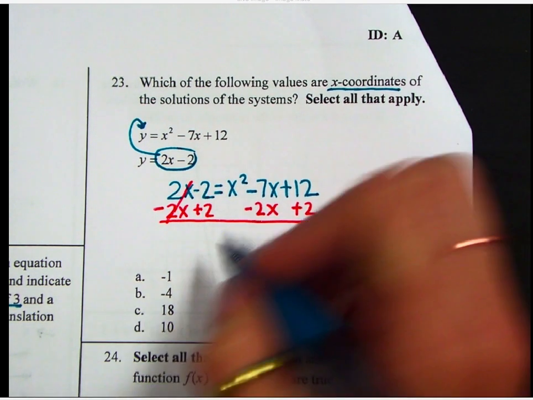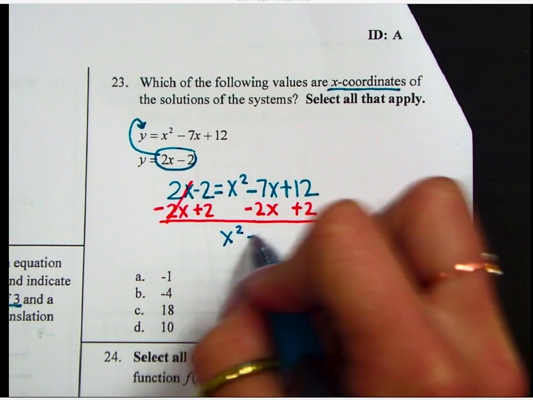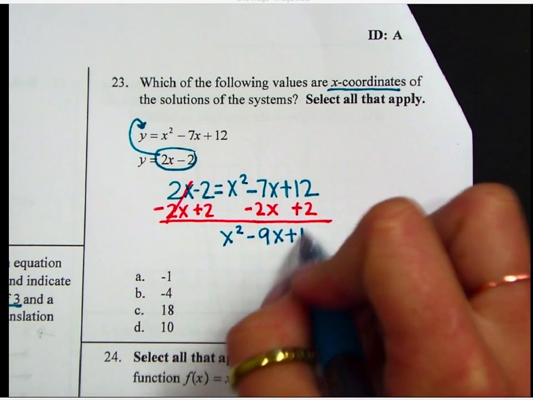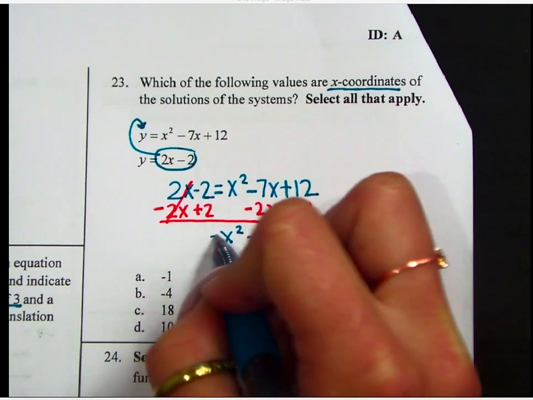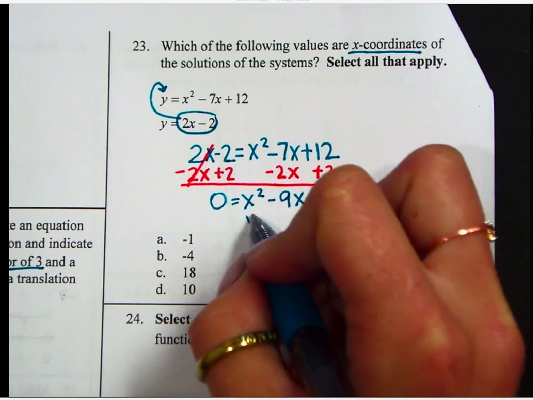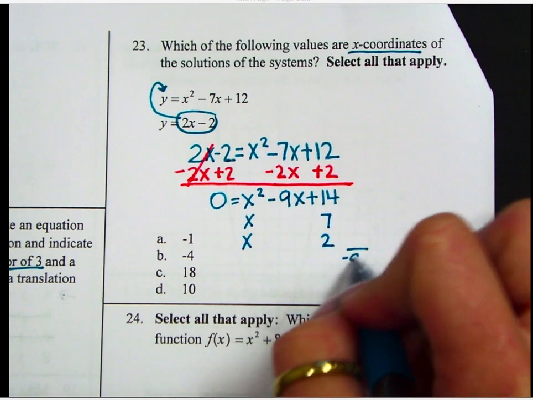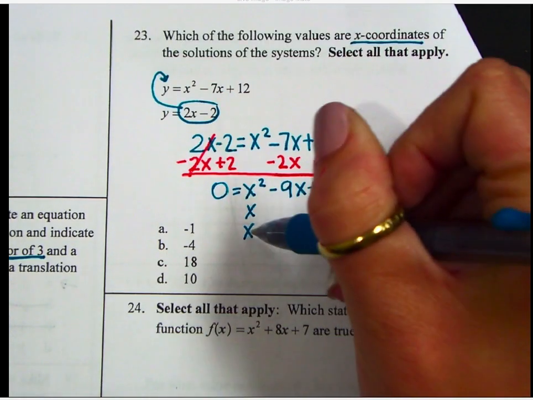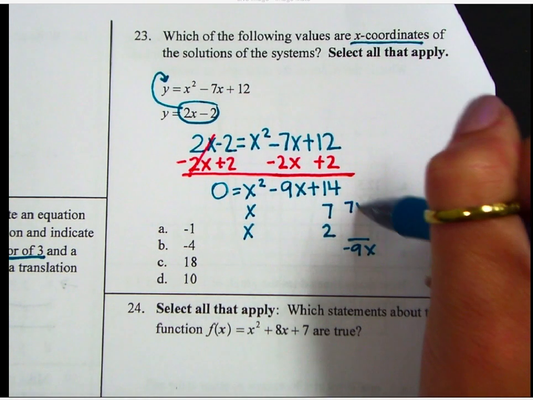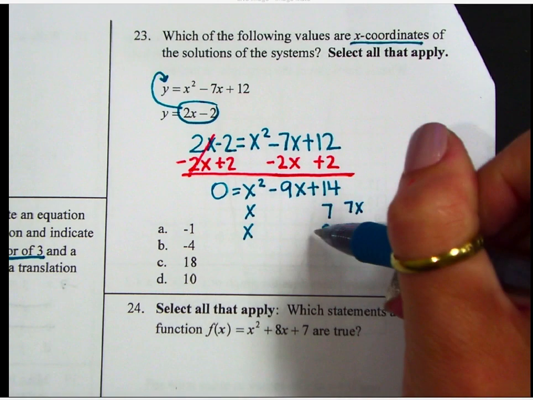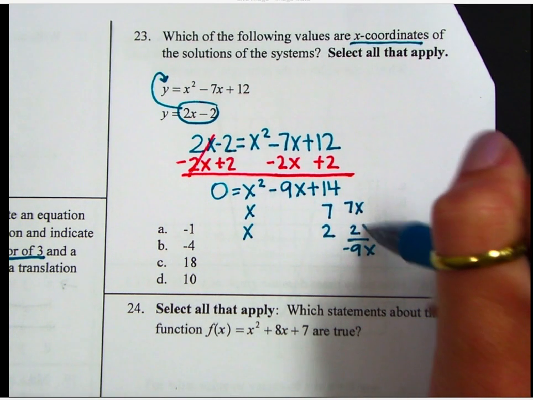And that leaves me with x squared minus 9x plus 14. And then I'm going to factor. So x times x and 7 times 2 to add up to negative 9x. X times 7, if we multiply diagonally, is 7x, and x times 2, multiplying diagonally, is 2x.